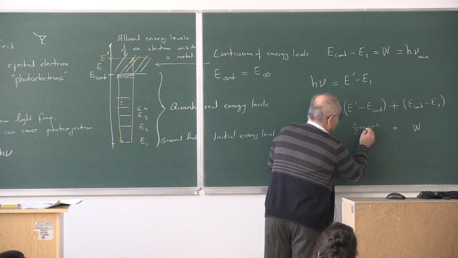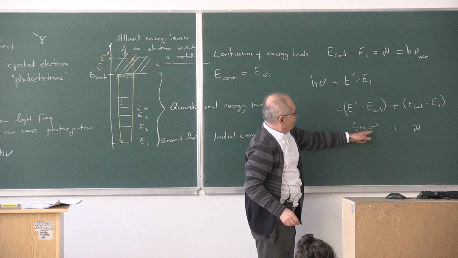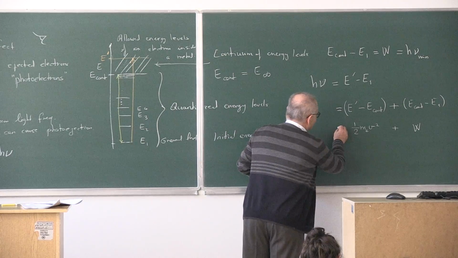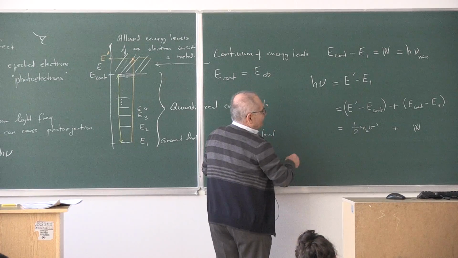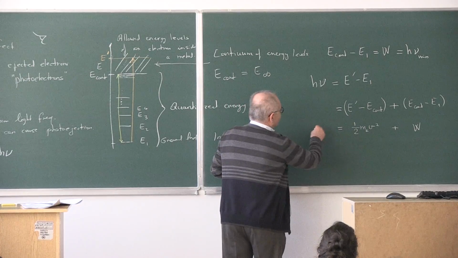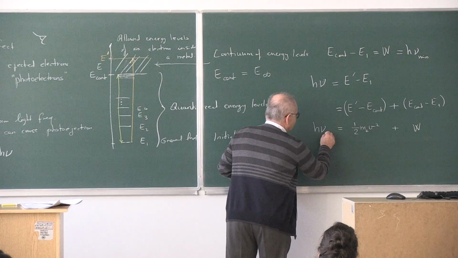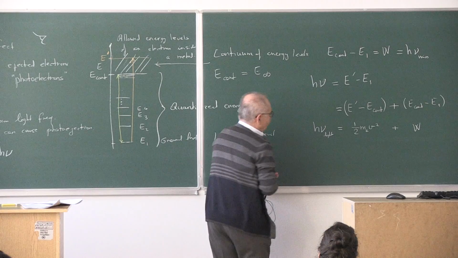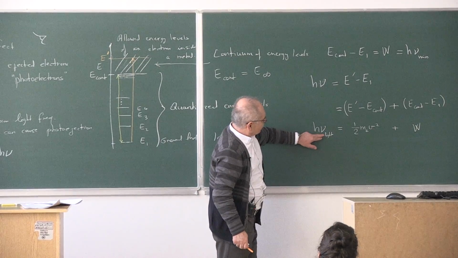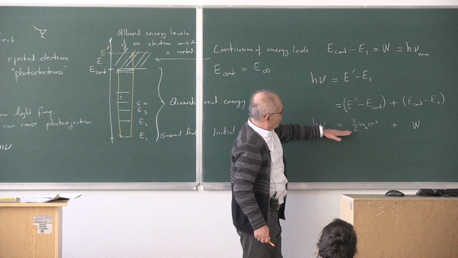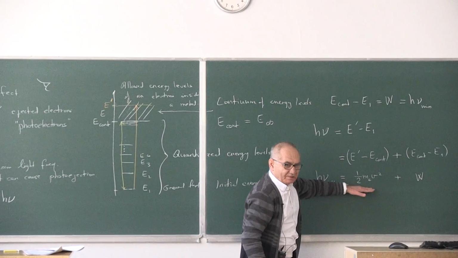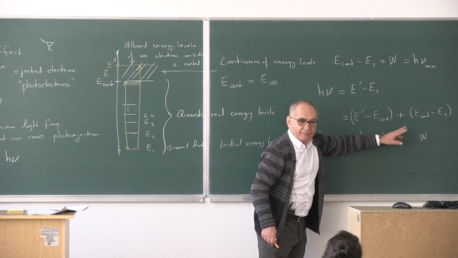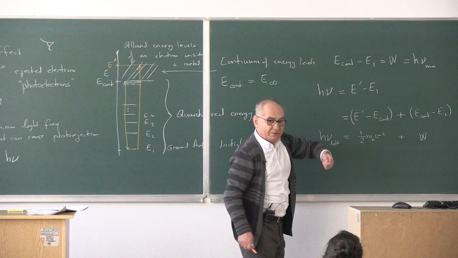This is the mass of the electron, and v is the speed of the ejected electron. So the final expression we have is, let us say, h times frequency of the light. This is equal to the kinetic energy of the ejected electron plus this minimum energy needed to cause the photoejection.